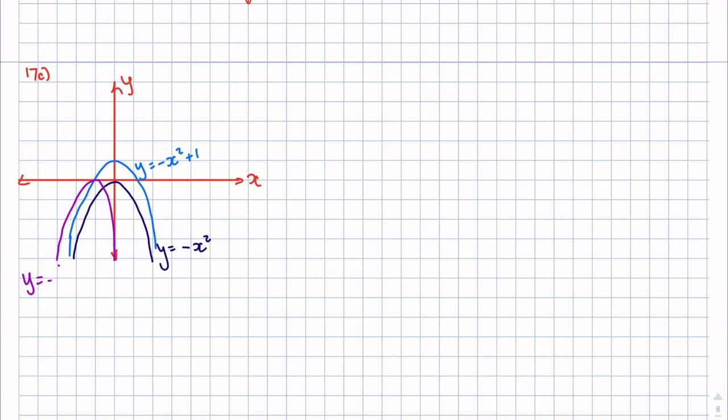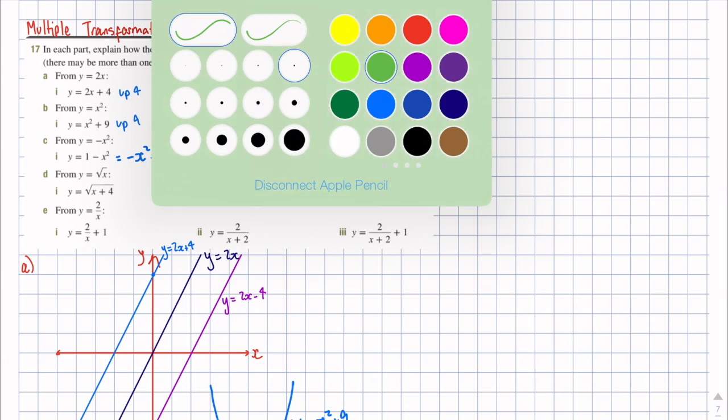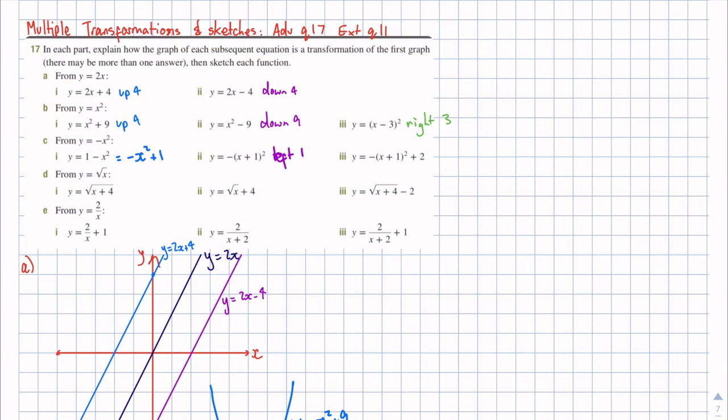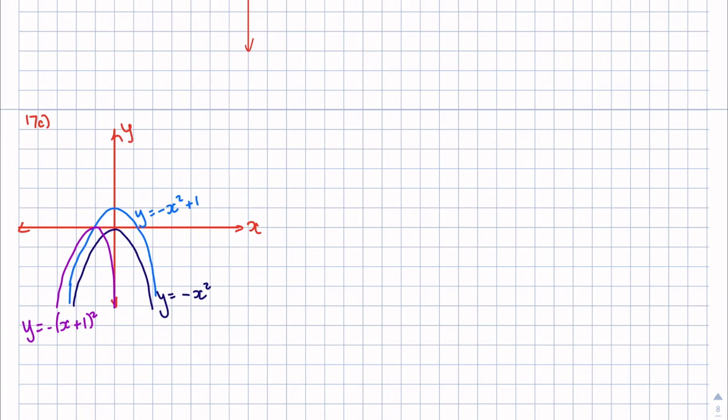Y equals negative x plus 1 squared. And then the final question asks us negative x plus 1 squared plus 2. So that's left 1, up 2. Which means I now have something kind of going like that.